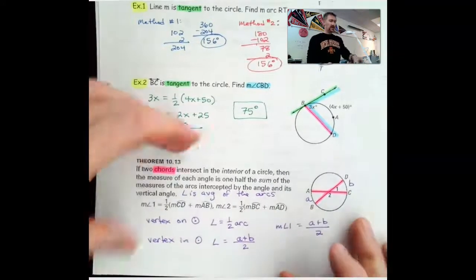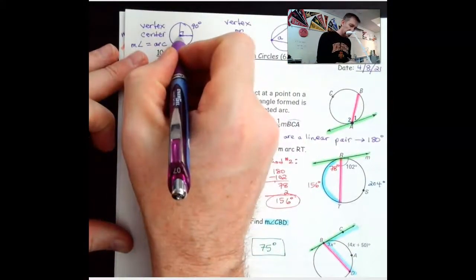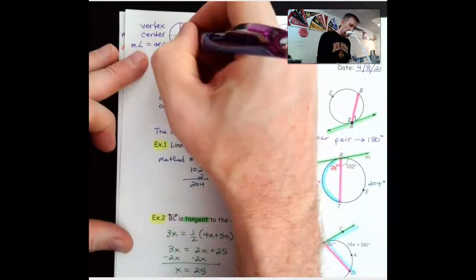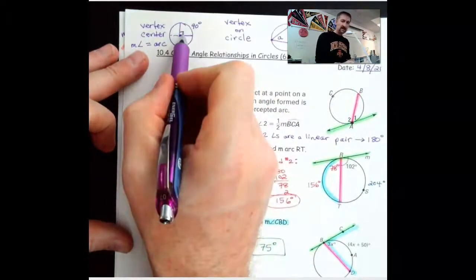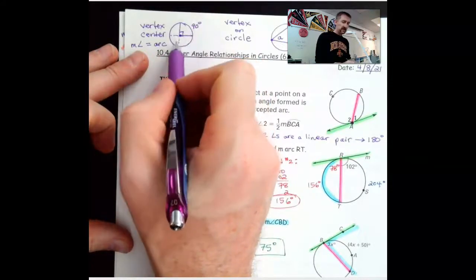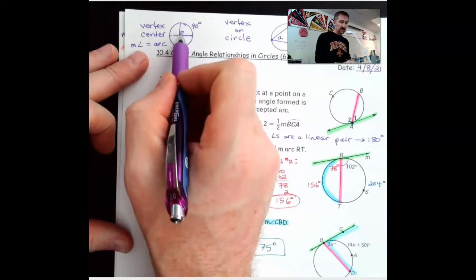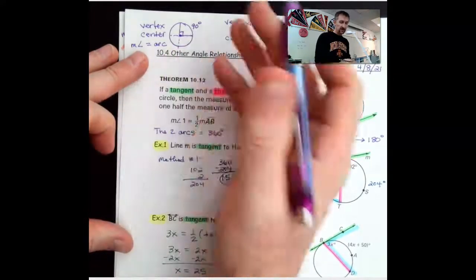Now, if we go back real quick and look at this, that still applies up here. So here the vertex is in the circle. So this angle is the average of these two arcs. But you can see, hopefully, that that would be 90. So this would be 90 plus 90 divided by 2, which would be 90.